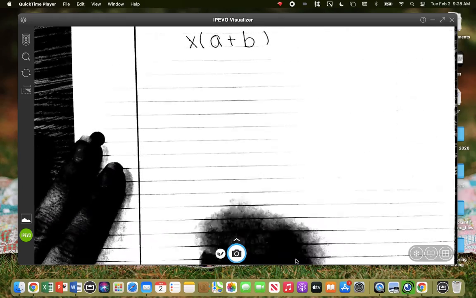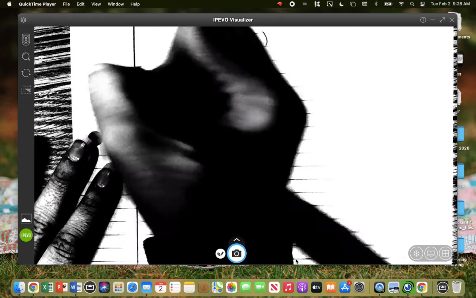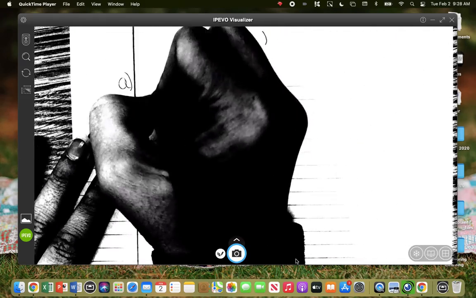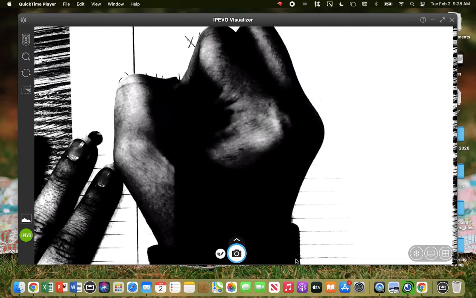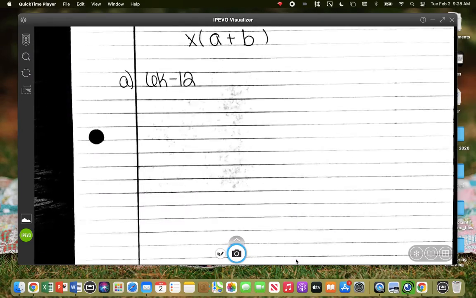So our first official example, that was just a general formula. If I have 6k minus 12, first question, do they share any variables? Definitely not. The first term has a k, the second one does not.